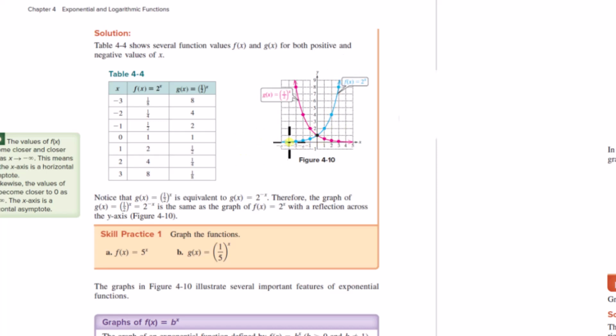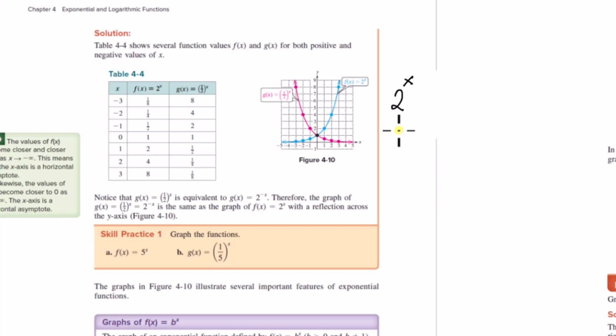Okay, so if we think about where the curve for 2 to the x is coming from, 2 to the power x. Well, okay, if x is equal to 0, then you have 2 to the 0 is equal to 1. And in fact, for any exponential function, since the base is going to be something greater than 0, not equal to 1, I mean, really, you could have any base to the power 0 is going to be 1 except for 0.